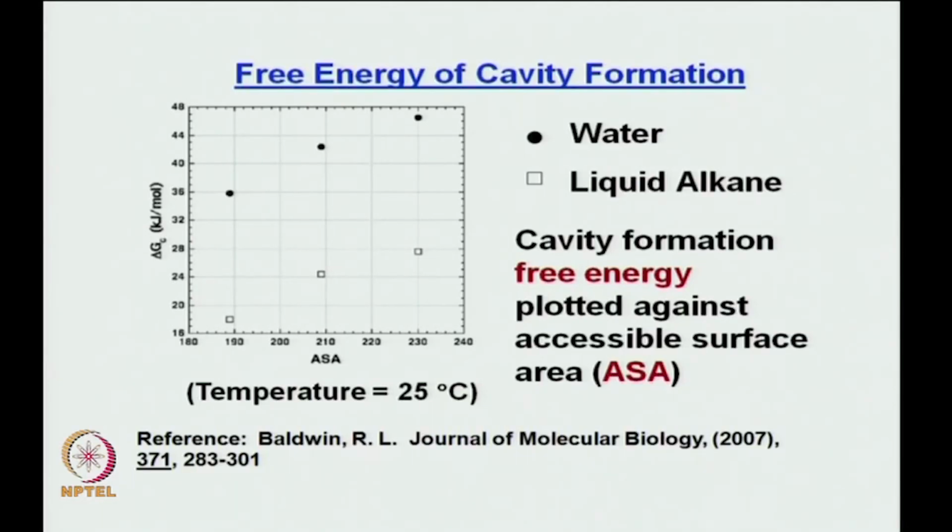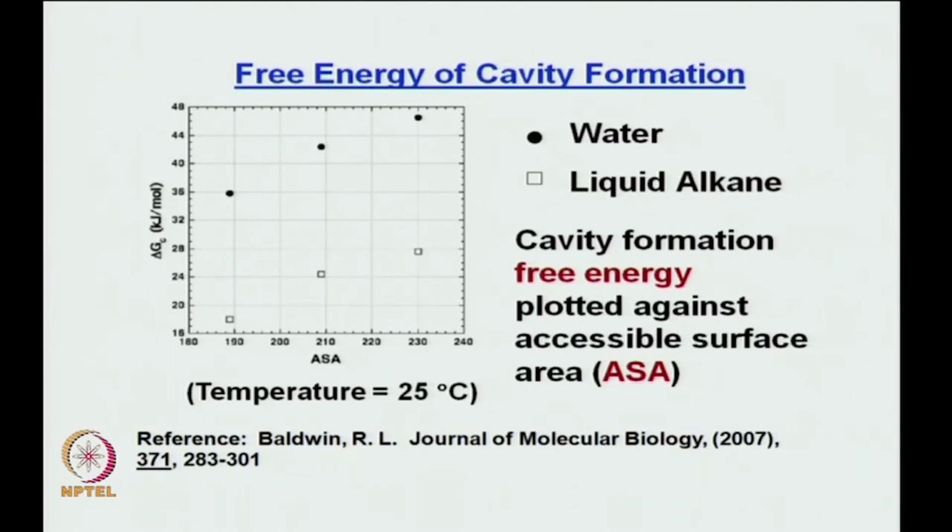I am not telling you what the molecules are, I will tell you in the next slide where I give you the table. But look at this, what is very surprising, maybe what we have not thought about before. You look at the cavity formation free energy, where is it more? Is it more in alkenes or is it more in water? It is always more in water, right.